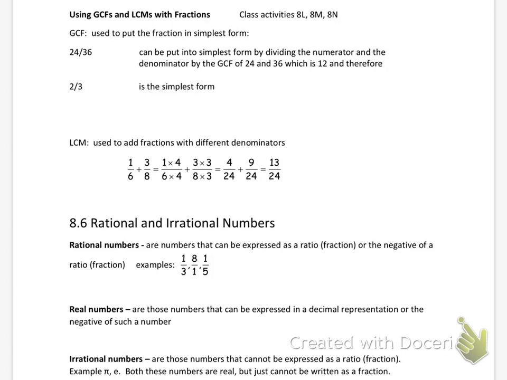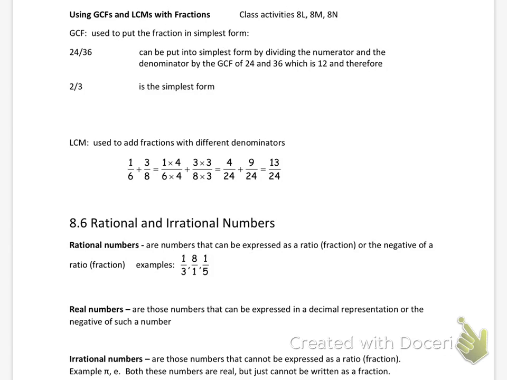The fraction 24 over 36 can be put into simplest terms by dividing the numerator and the denominator by the greatest common factor. And that greatest common factor is 12. So dividing by the greatest common factor gives you a numerator of 2 and a denominator of 3, and this represents the fraction 24 over 36 in simplest form.